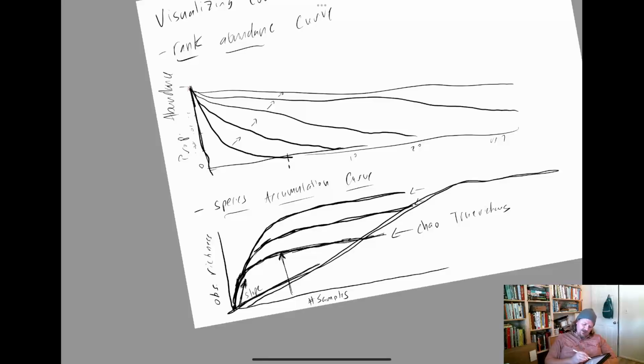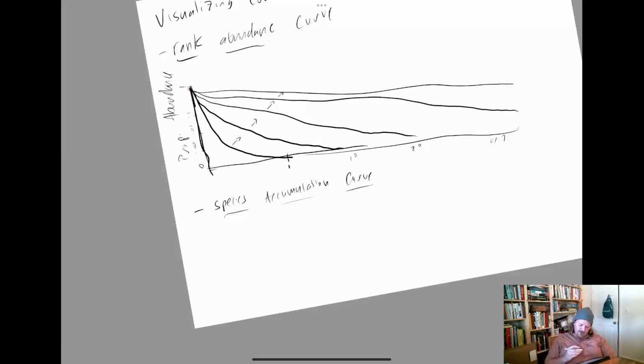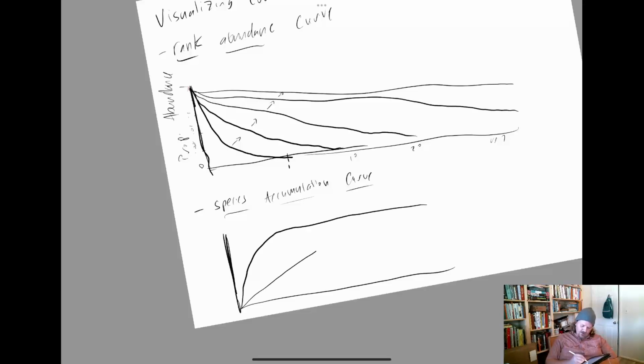Actually, let's erase this whole thing and compare two curves really quick. Let's compare two curves with the same richness but different rates of accumulation. So we have a curve that looks like this and a curve that looks like this, right?